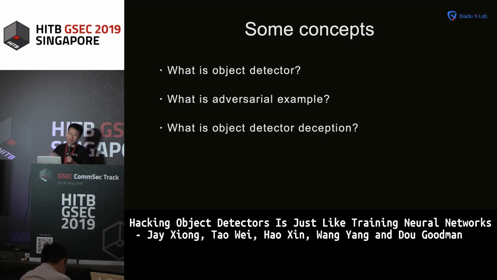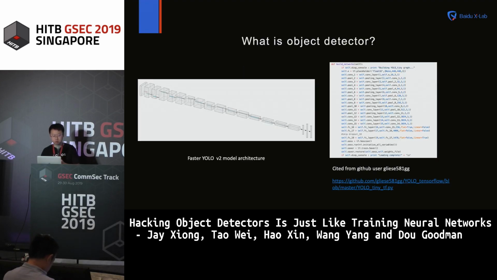And an adversarial example, which is known to fewer people, is a picture that can fool a neural network by applying small perturbations. On top of these two techniques, we will introduce object detector deception.